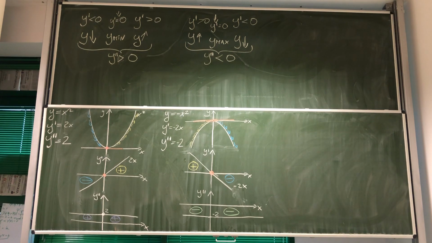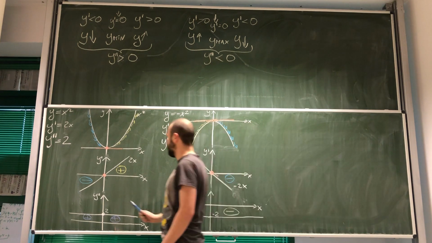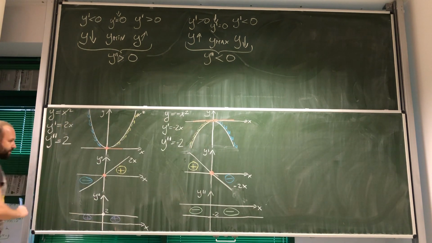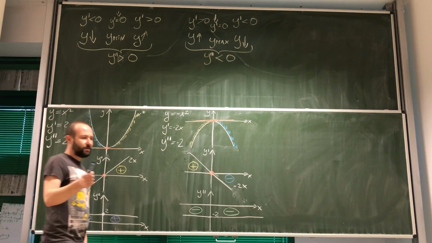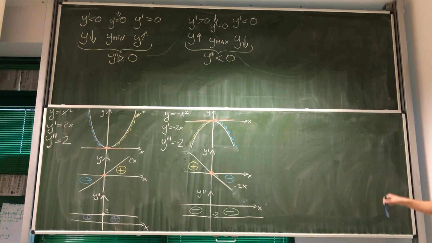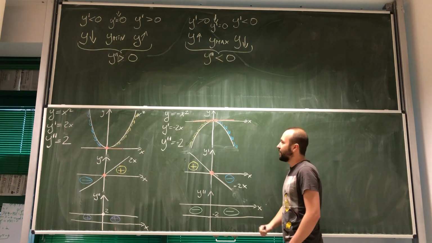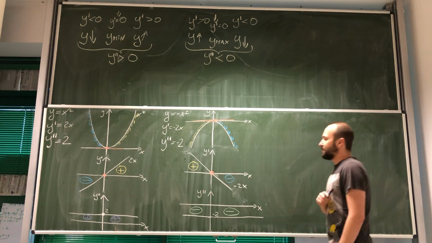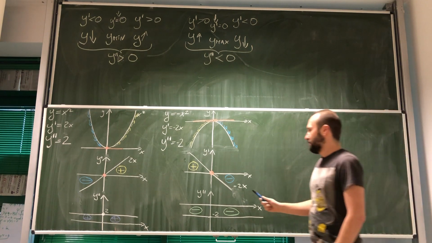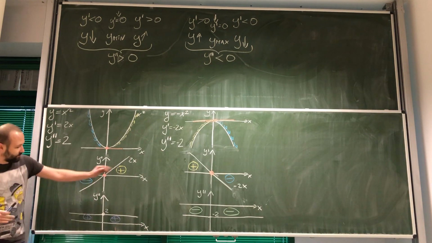Now, this is the information that we actually learned from the first derivative. But maybe this information is also somehow encoded in the second derivative. And look, it is. Because if the first derivative over here cuts through 0, right?